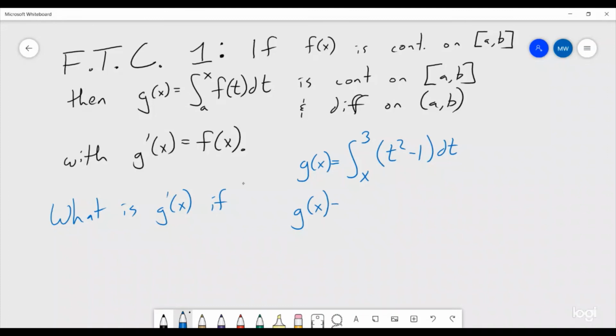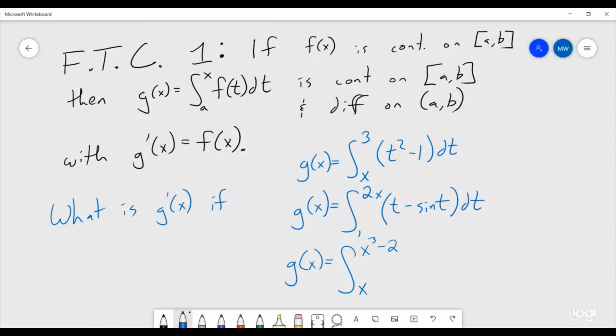Second, g of x is equal to the integral from 1 to 2x of t minus sine t dt. And third, g of x is the integral from x to x cubed minus 2 of 1 plus t over 2 plus tangent of t. Okay, figure out what g prime is in each of these circumstances.